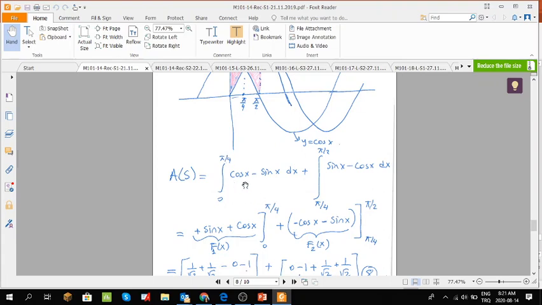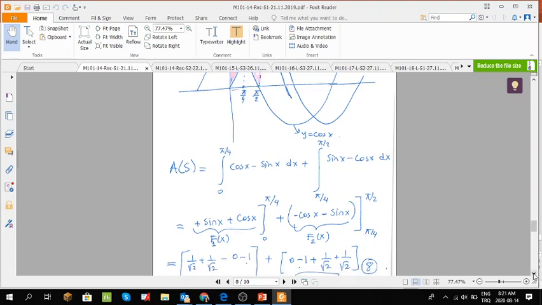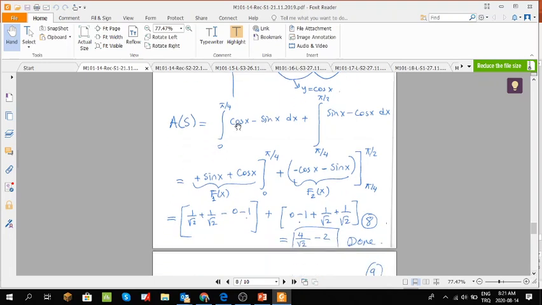The integral from 0 to pi over 4 of cosine x minus sine x dx, plus the integral from pi over 4 to pi over 2 of sine x minus cosine x dx. You know very well the antiderivatives of cosine and sine.